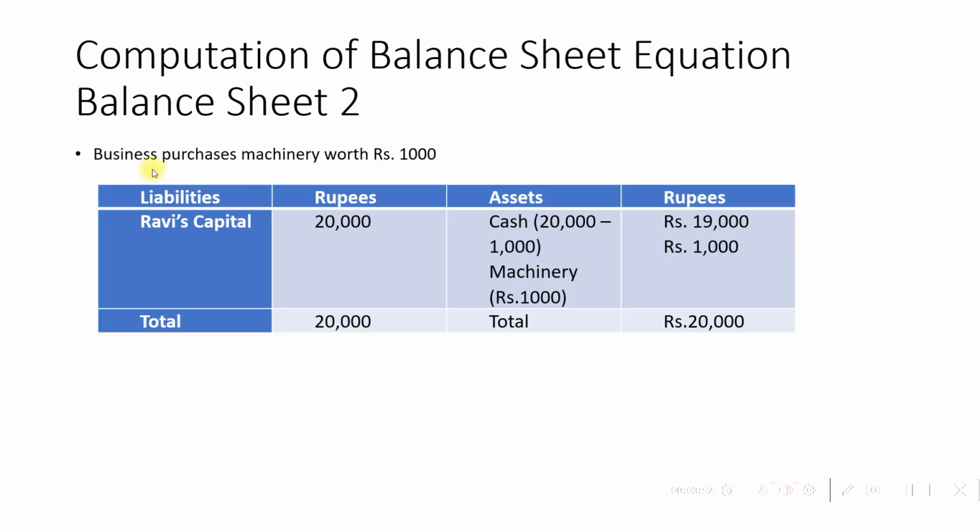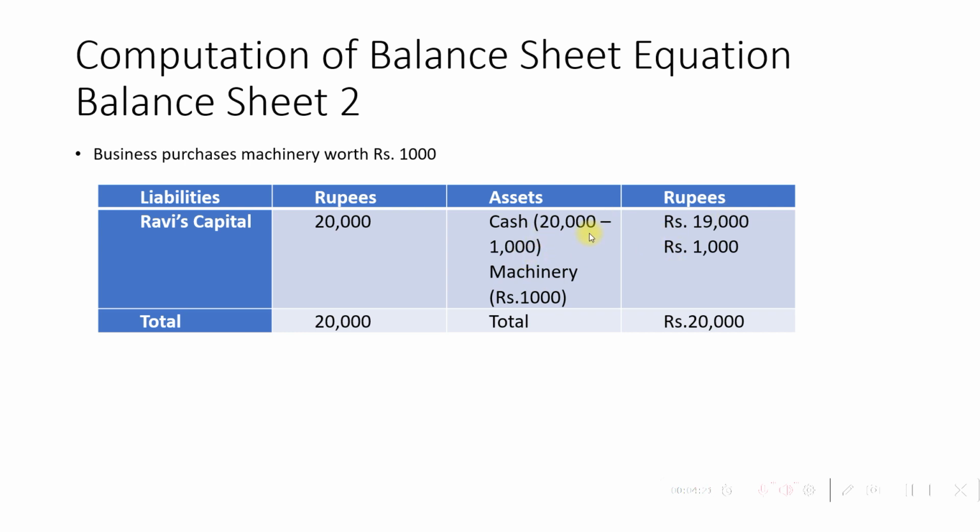The next transaction is the business purchases machinery worth rupees 1,000. How has the firm purchased machinery? The firm has purchased machinery by taking cash from whatever Ravi has given as capital. So we have to reduce the asset by 1,000 rupees because it is taken for purchasing machinery.